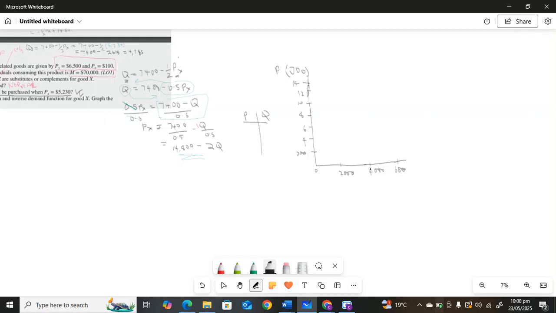Price on the Y-axis, quantity on the X-axis.